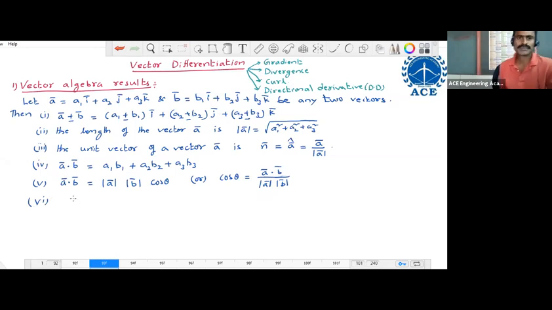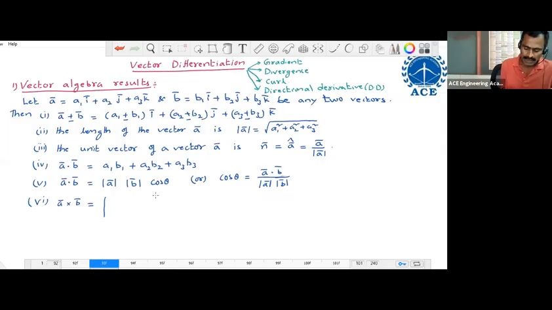Next, sixth one, A bar cross B bar. An easy way to find the cross product is to use the third order determinant for these two vectors.